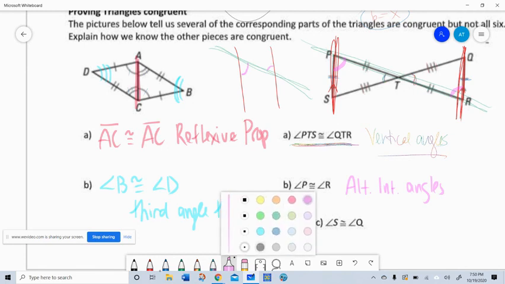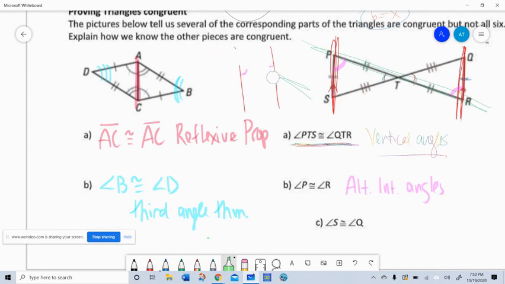In kind of a similar way, we have two parallel lines cut by a different transversal. So we've got those same two parallel lines, but this time we're going to talk about them being cut by this guy, SQ. So SQ moves like this. So this is my transversal, and my red lines are parallel.